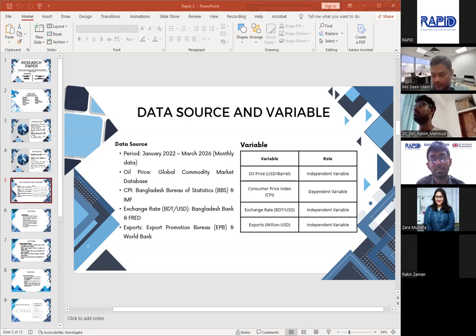So if you are running VAR or VECM or structural VAR and estimating impulse response functions or forecast error variance decomposition, in that case, there is no dependent or independent variable. This is a vector autoregression, right?